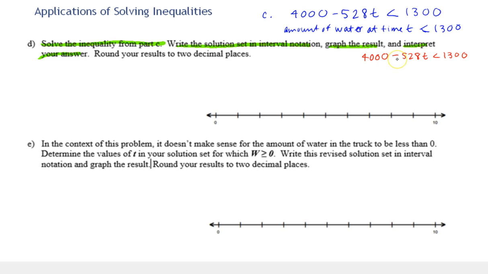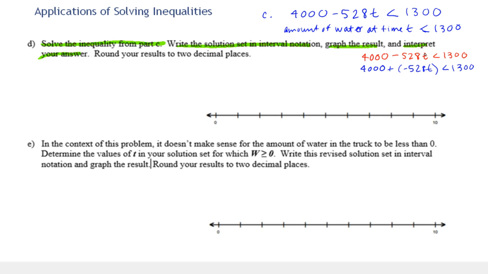So subtracting the result from 4,000 kind of reverses the order a little bit compared to how we usually construct them. We could think of this as 4,000 plus negative 528t is less than 1,300. Then our construction story would make a little more sense.